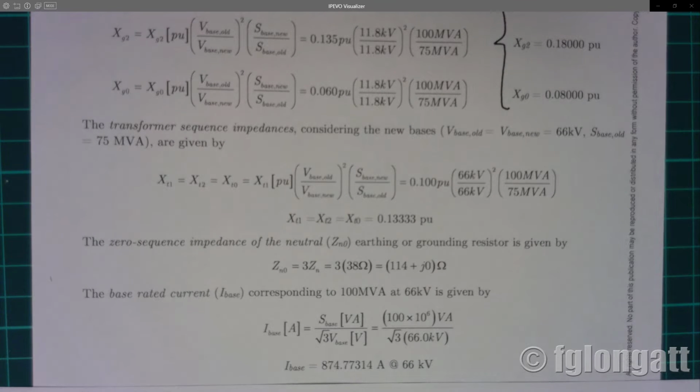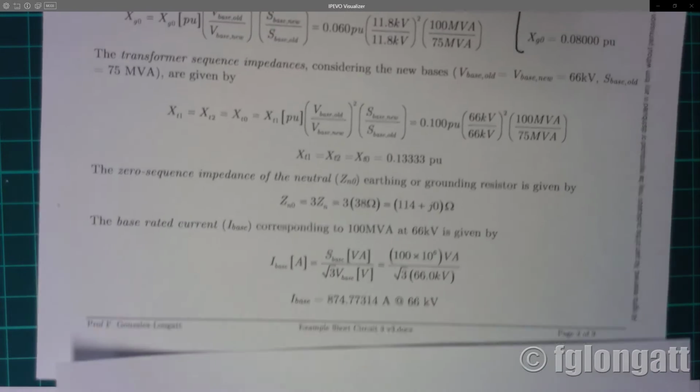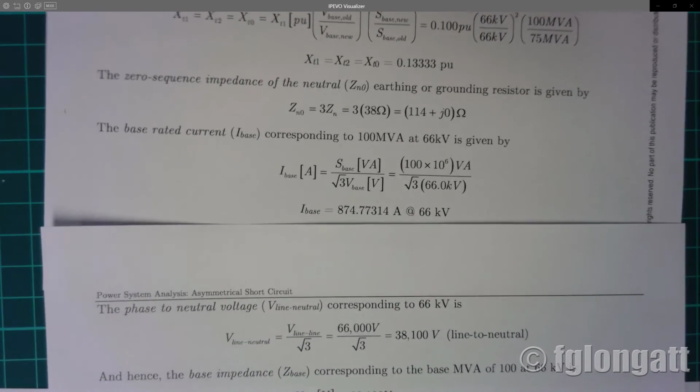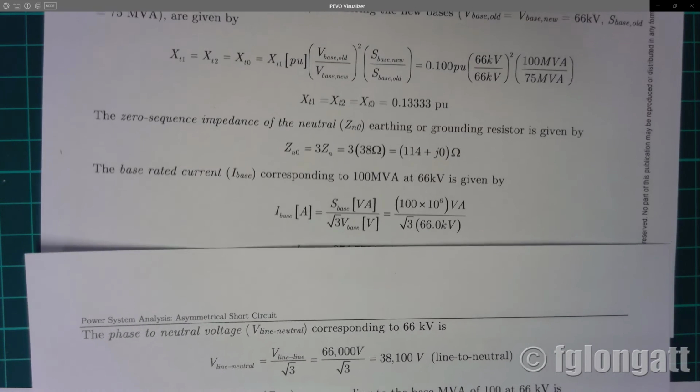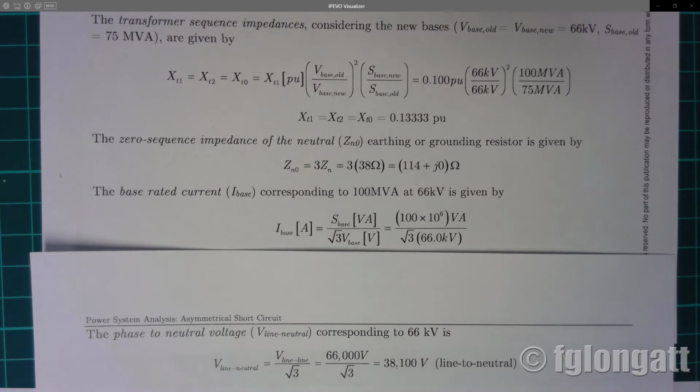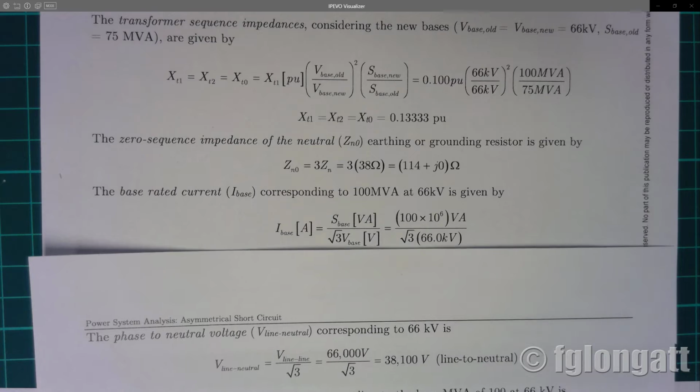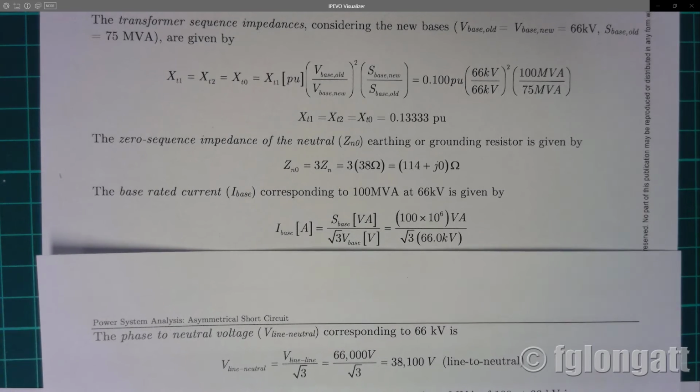Well, now we know the base current, and the next step is I will calculate the line to neutral voltage, okay? Again, my students are extremely clever in terms of circuit analysis. And again, there is a three-phase property.